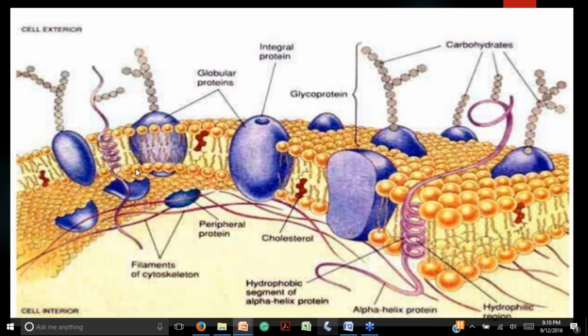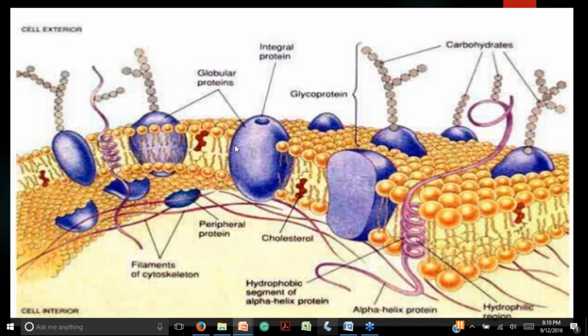All right, we are going to focus today on cell transportation. Here we have the functions of the membrane proteins. First of all, they are going to transport. Then they are going to act as receptors.